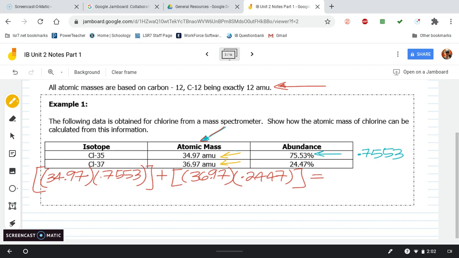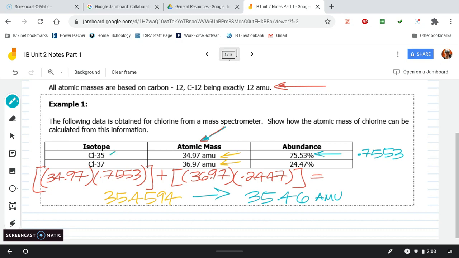And I got 35.4594. So if I clean up my sig figs a little bit, go down to 4, then how about 35.46 atomic mass units or grams per mole, either way.